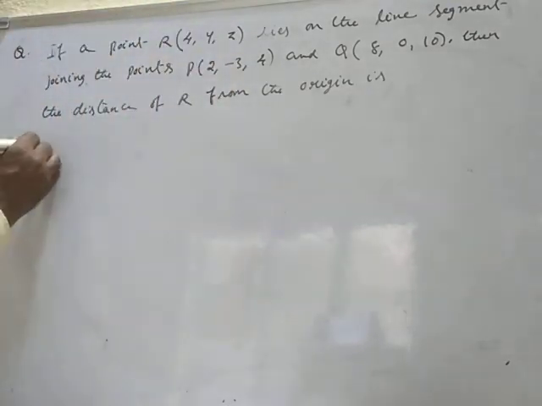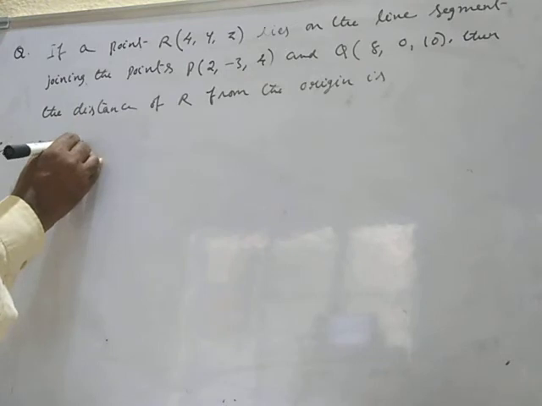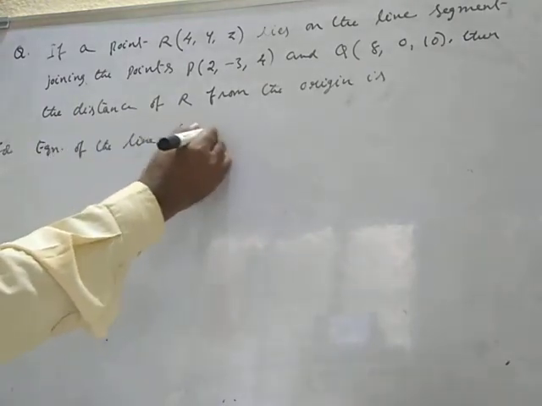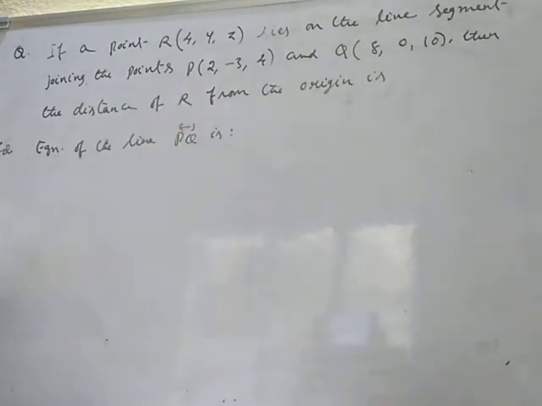The equation of the line PQ is (x minus x1) by a is equal to (y minus y1) by b is equal to (z minus z1) by c, where a, b, c are the direction ratios of the line. That is, (x minus x1) by (x2 minus x1), (y minus y1) by (y2 minus y1), (z minus z1) by (z2 minus z1).